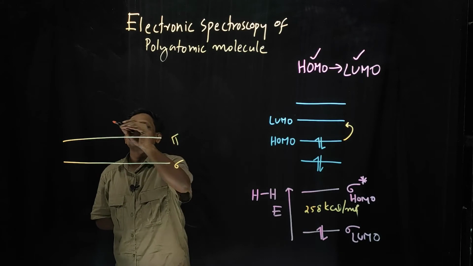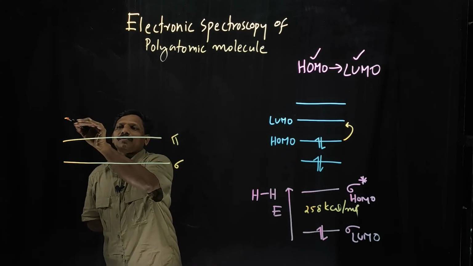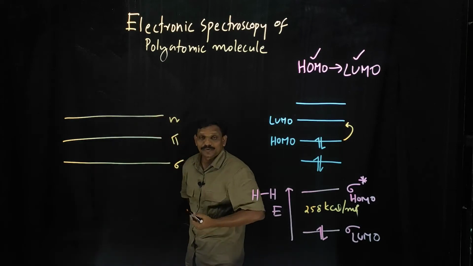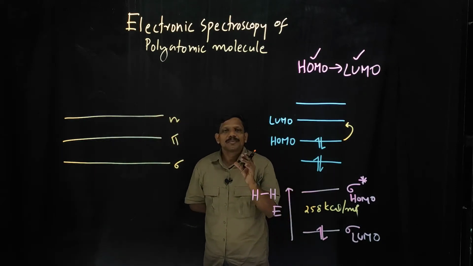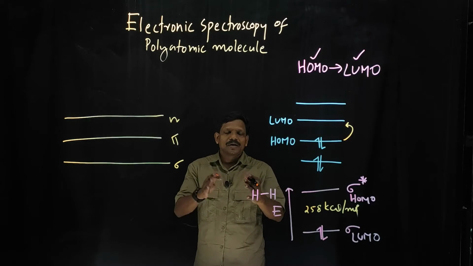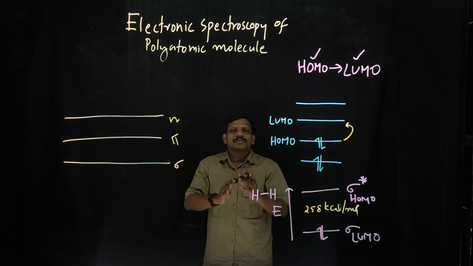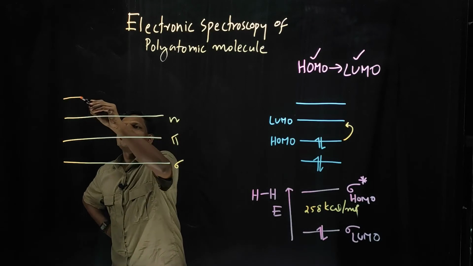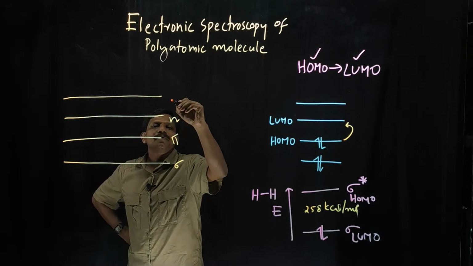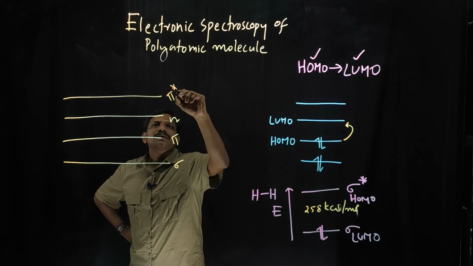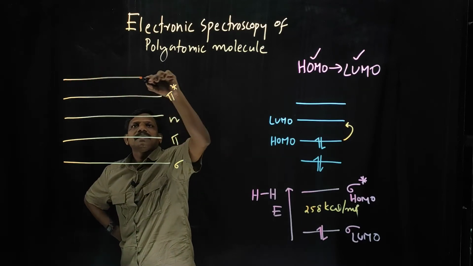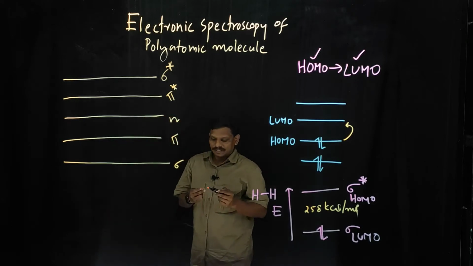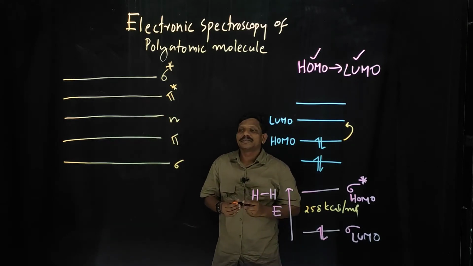These two are the bonding molecular orbitals. After that you can see n, the non-bonded electrons, like on the oxygen in water. After that come the anti-bonding orbitals, the pi star and finally the sigma star. These are the available energy levels.